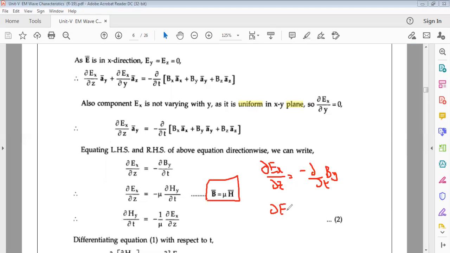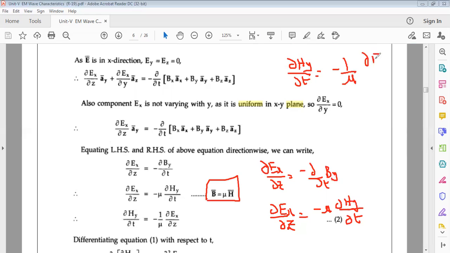So dou Ex by dou z, with respect to z only, is minus mu into dou Hy by dou t. Got it, my student? Now rewrite this function as dou Hy by dou t is equal to minus 1 by mu into dou Ex by dou z. It's the second equation.